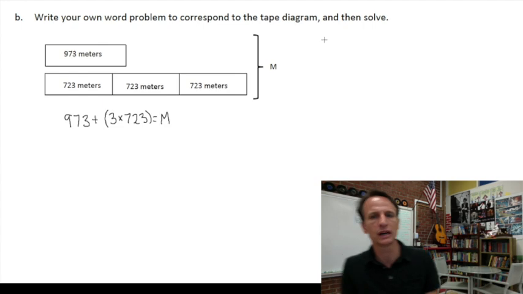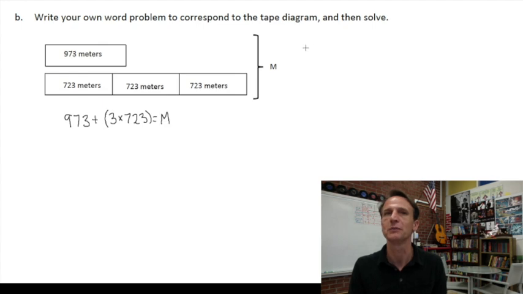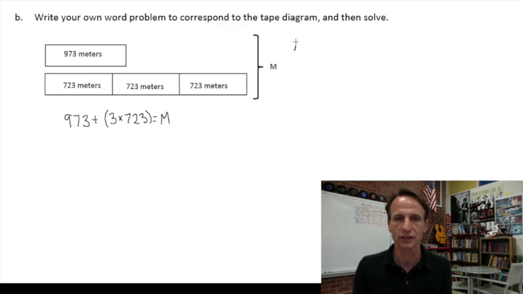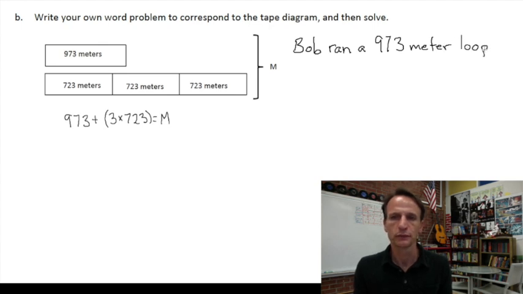Let's give them names. What shall we call them? Let's have Bob. Bob is going to run the 973 meters. Bob ran a 973 meter loop. And, oh, let's call his friend Marley. Oh, that's cute, huh?